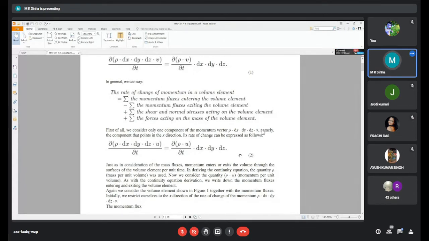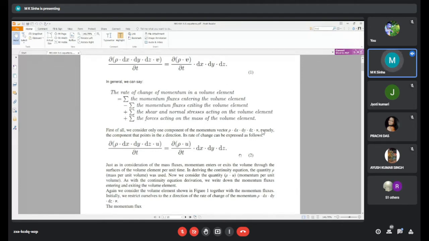Again, I am going to read it. The rate of change of momentum for any fluid element equals the momentum influx, meaning entering minus leaving, plus the shear stresses acting on our fluid element, plus the force due to the mass or weight of the fluid element. All these are summed up. This is our generalized principle.